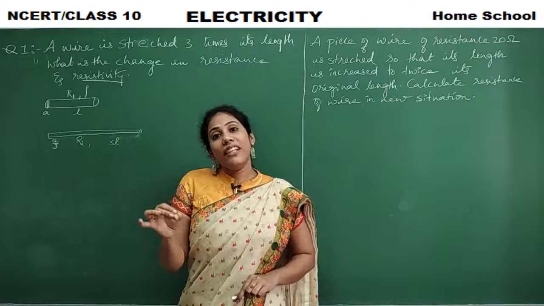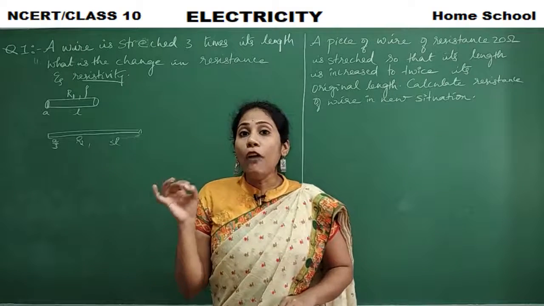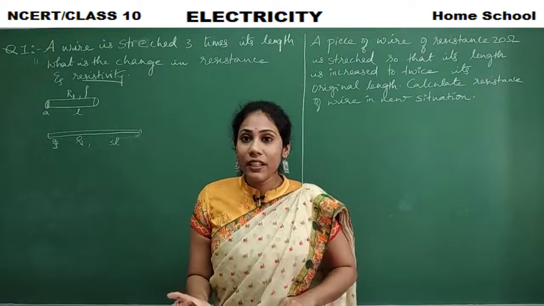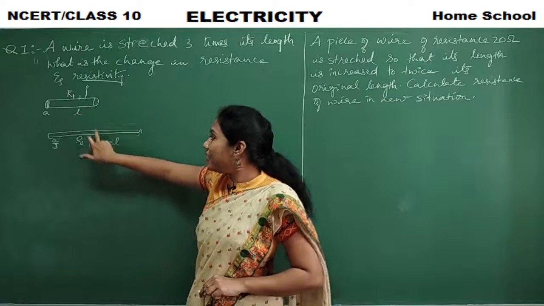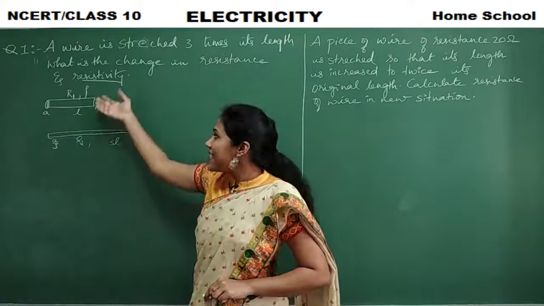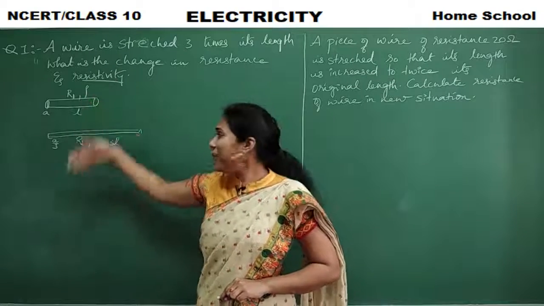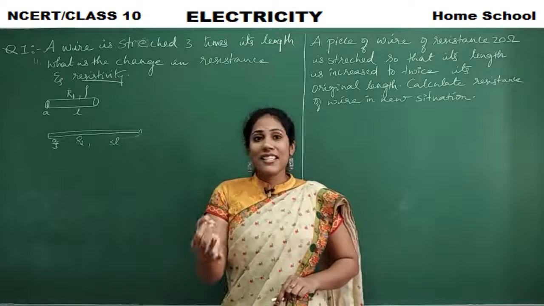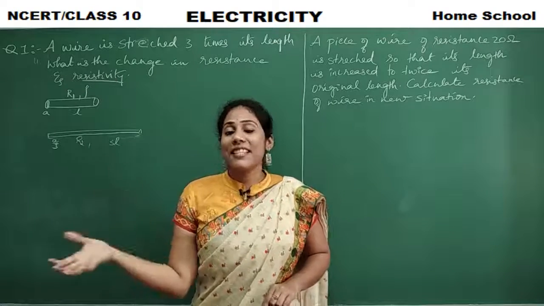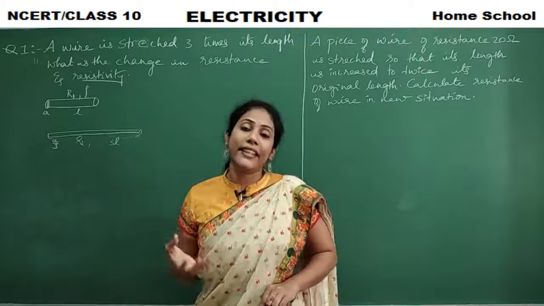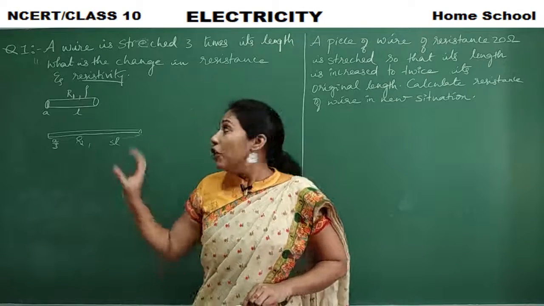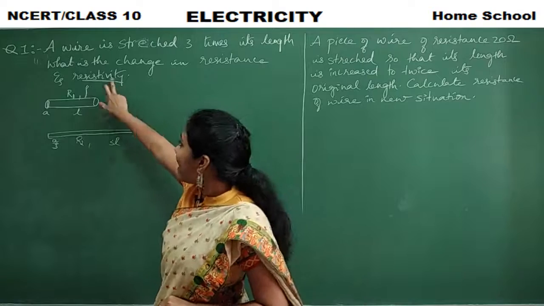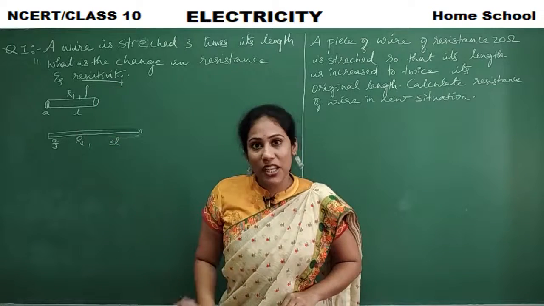Resistivity is a property of a material, right? Imagine this is a copper wire, this is also a copper wire. So resistivity will not change. You might have changed length and area, but the resistivity will not change because resistivity doesn't depend on length and area. So resistivity will not change.